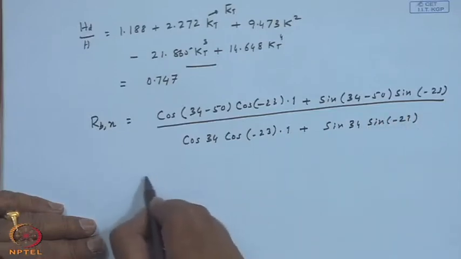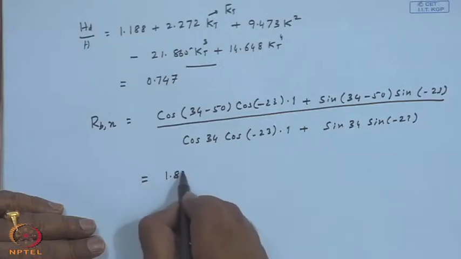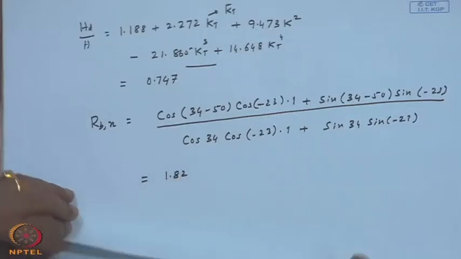So, this comes out to be 1.82. Okay. So, these were the things that we have used in calculating Rn.